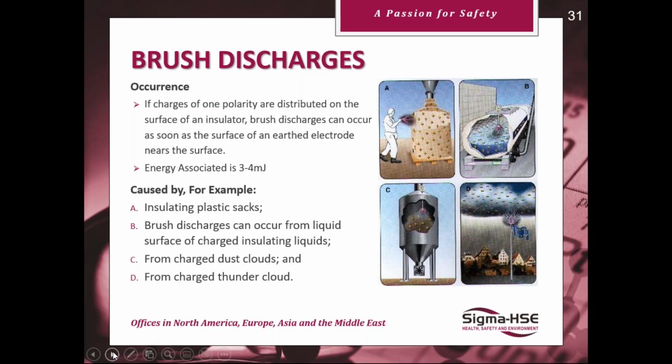Brush discharges can occur from liquid surfaces or charged insulating liquids, from charged dust clouds, and from charged thunderclouds. Charged thunderclouds are outside really the remit of what we're talking about. This is when you take a nylon jumper off at night, you see those little sparks, they are brush discharges, 3 to 4 millijoules.